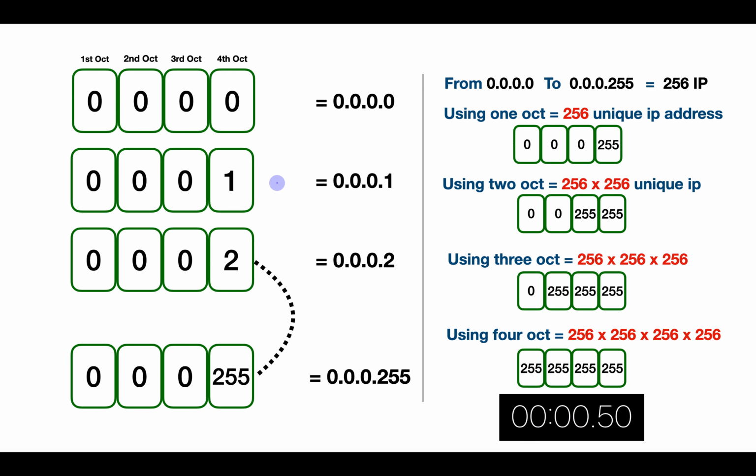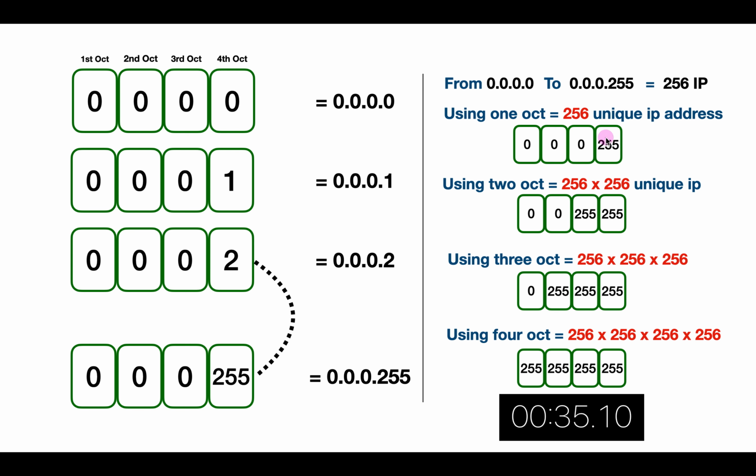We can understand this like a stopwatch: when this portion becomes 9, it resets to 0 and the next portion becomes 1, and then again it goes up and the next becomes 2. Like that, this will start from 0 and go all the way till 255. Once it reaches 255, this portion resets to 0 and the next portion becomes 1.